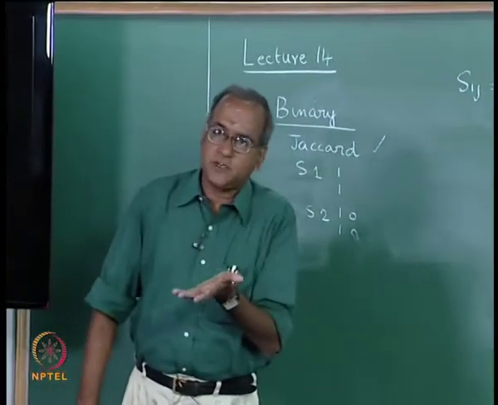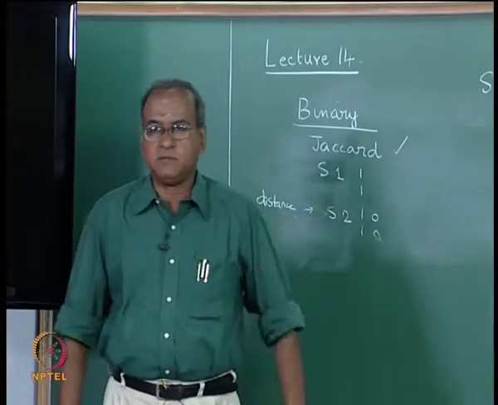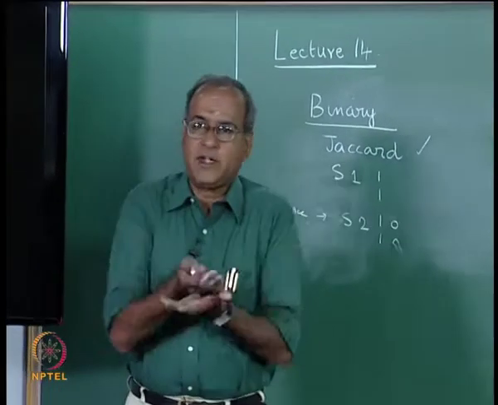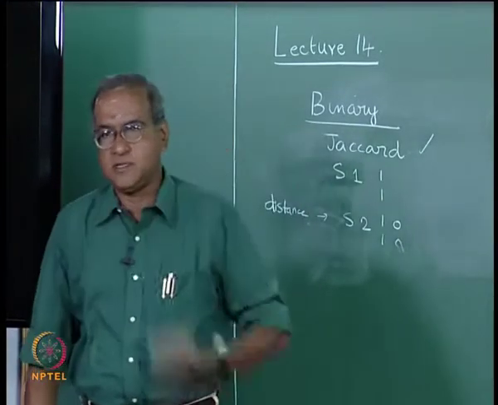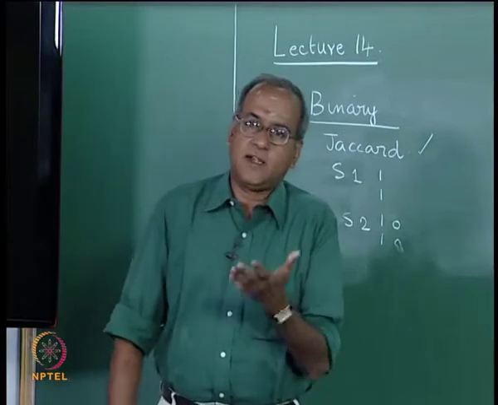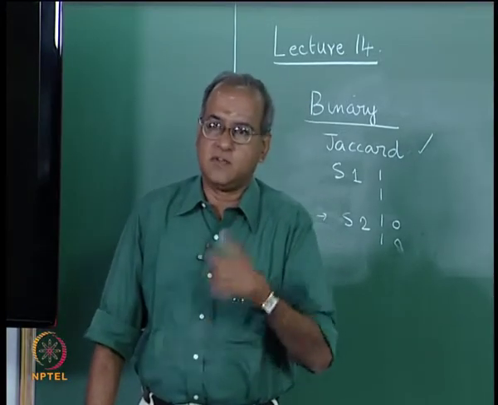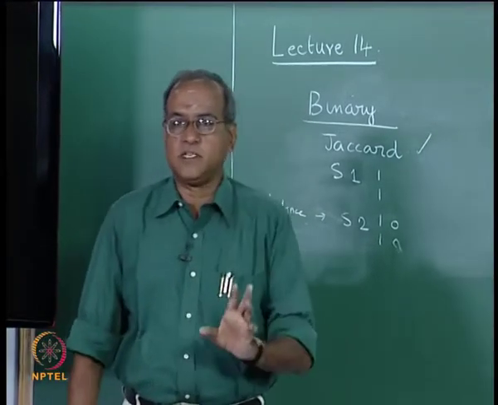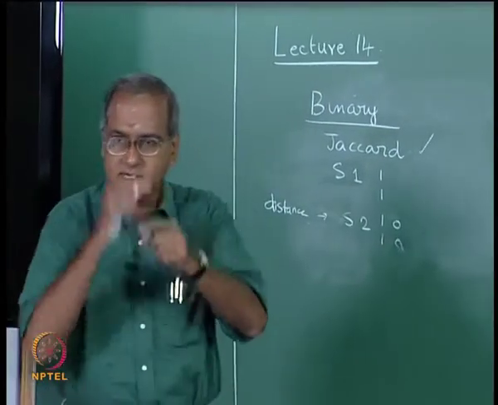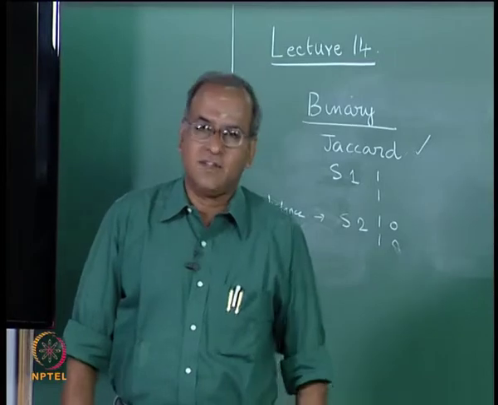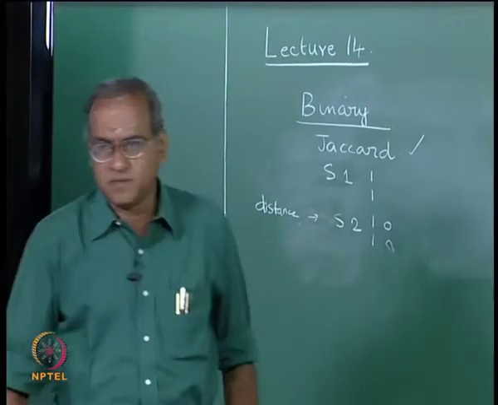Jaccard similarity coefficient had a numerator and a denominator. The numerator represented the number of parts that visited both the machines. The denominator represented the number of parts that visited either one of the machines or both.